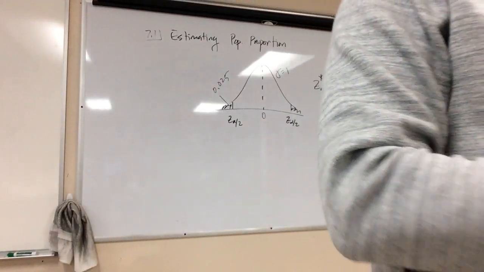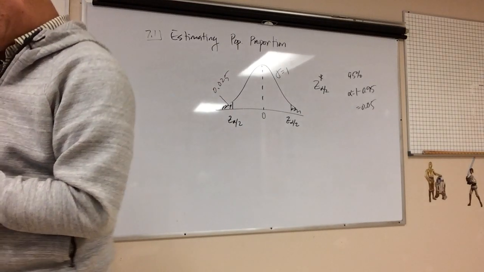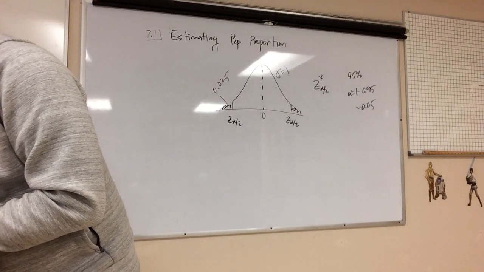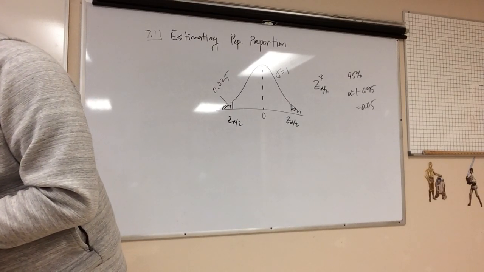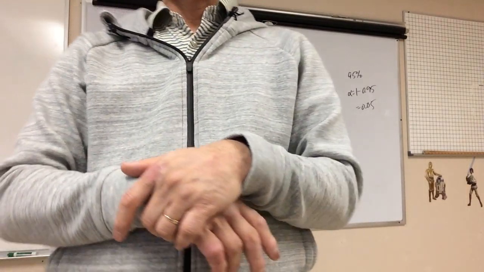Look at our table. What are we looking for? What are we trying to find here? We're looking for 0.0250, correct? And where are you finding that?